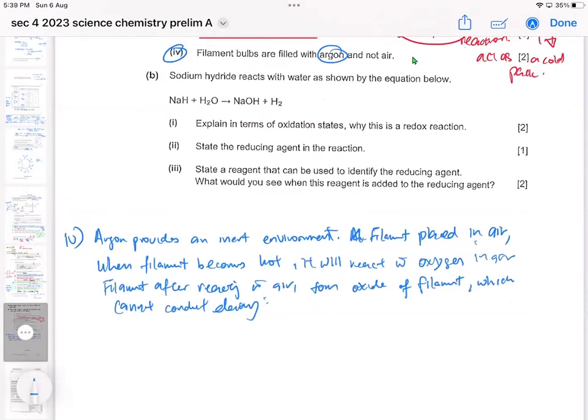Okay, any questions? As a metal oxide concept, the metal oxide is actually ionic, so in a solid state it cannot conduct electricity. So your light bulb will fail. So inside the light bulb, we should fill it up with something that's not reactive like argon, and not fill it up with air.